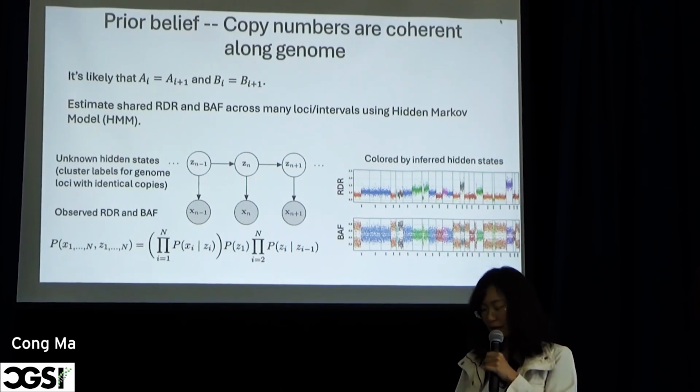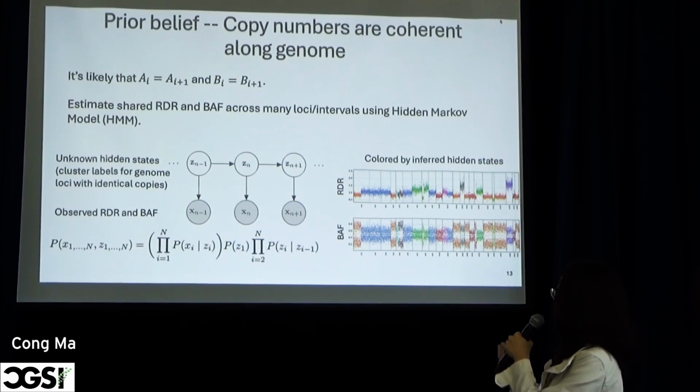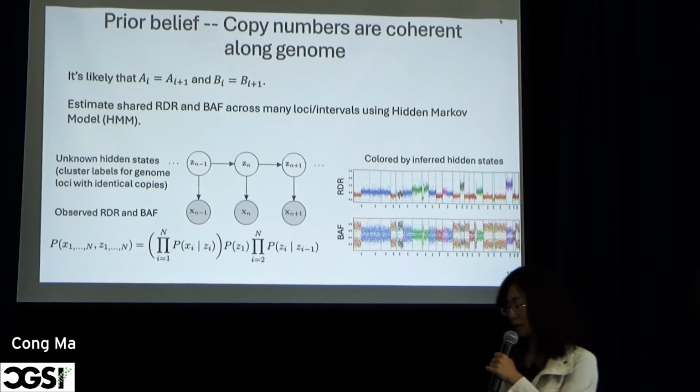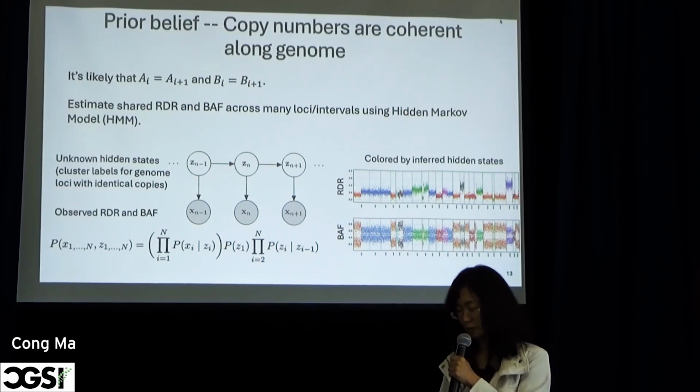So this is, I guess, the ideal case. Suppose our sample is relatively homogeneous. We can infer the copy number by combining the segmentation and also the parameter inference of the probabilistic model.